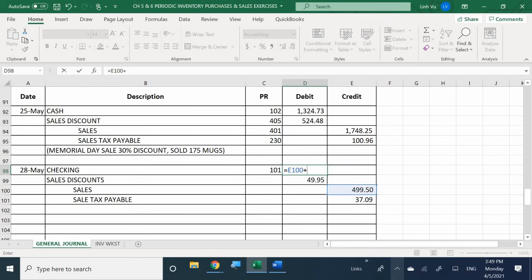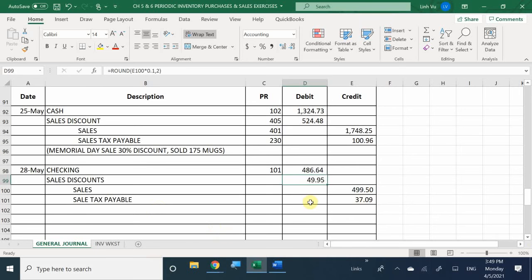How much is actually going to go into my bank account? $486.64 is correct. Let's double check. Does 64.95 equal to 59? Yes, it does. 4 plus 5 is 9. 6 plus 9 is 15. So good, our numbers match.